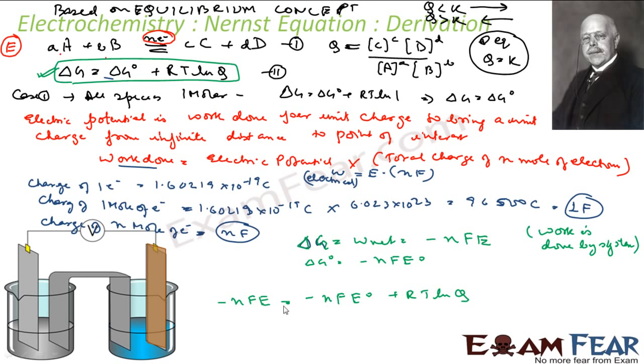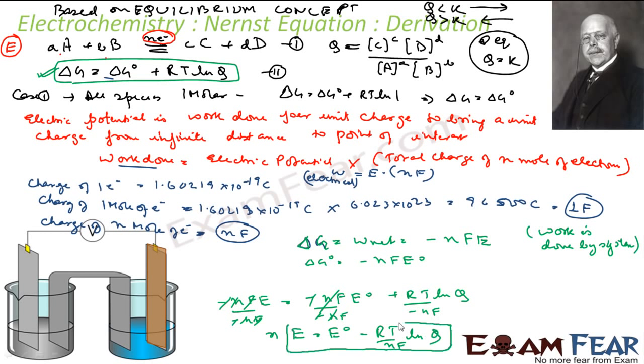We see minus nF is common, so we divide by minus nF, and it cancels. So with this, what you get is E equals E naught minus RT by nF ln Q. That is my Nernst equation.